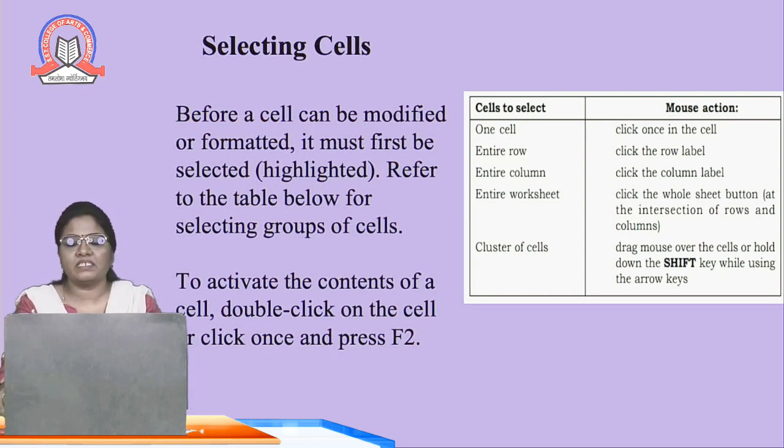A cluster of cells: if you want to select them, drag the mouse over the cells, this is one option, or hold down the Shift key while using the arrow keys. Two options are there to select more than one cell, that is a cluster of cells. If we drag to the right hand side, the rows are selected. If we drag down, the columns are selected.